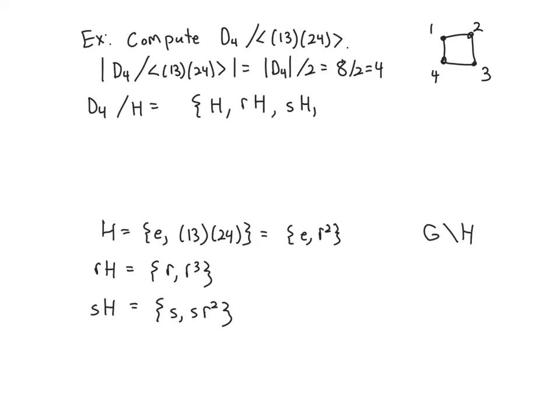And, well, here's 6 of my elements. By the way, the reason why I'm actually calculating these cosets down here is because now I've reached a point where I need to figure out a 4th choice. And so if I wrote R squared H, I'd be wrong because R squared H is equal to H. If I wrote R cubed H, I'd be wrong because R cubed H is equal to RH.